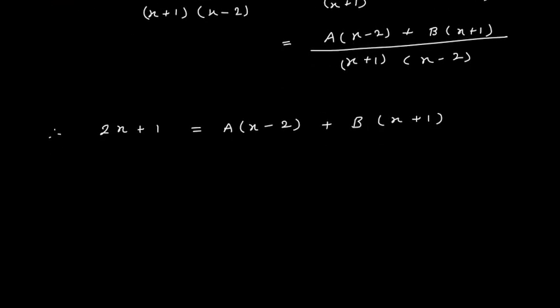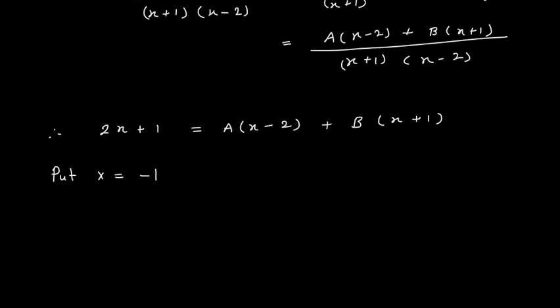For getting the values of A and B, we will use suitable values for x. Now you observe this right hand side. If you put x equal to -1, the left hand side and right hand side are equal for any value of x.